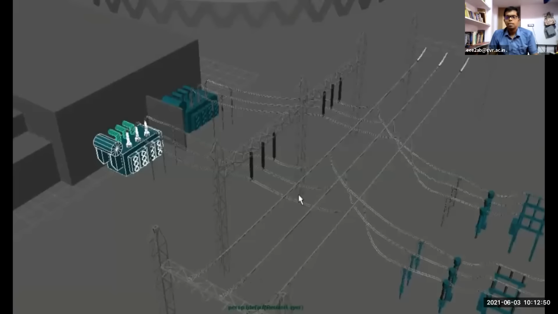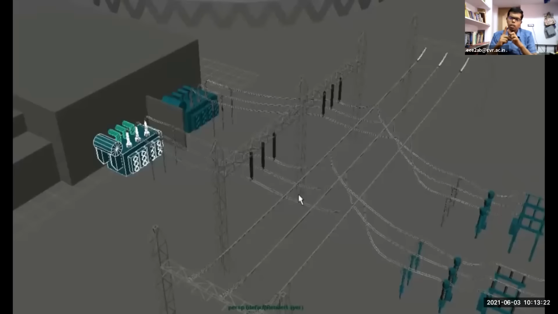Yeah, surge arrestor is nothing but, as I already explained, it will suppress a heavy voltage coming to that particular thing. Say for example, in every building in Dubai, the world's highest topmost building, or in cell phone towers, you will find at the top one small wire like that, which is also a kind of surge arrestor.